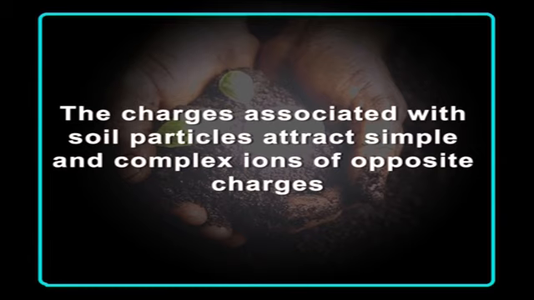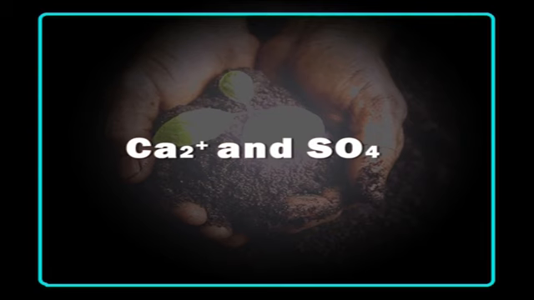The charges associated with soil particles attract simple and complex ions of opposite charges. Thus, a given colloidal mixture may exhibit not only a maze of positive and negative surface charges, but also an equally complex complement of simple cations and anions such as Ca2+ and SO4 that are attracted by the particle charges. The adsorbed anions are commonly present in smaller quantities than the cations because the negative charges generally predominate on the soil colloid.